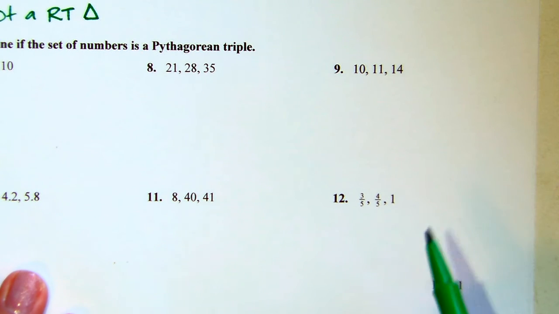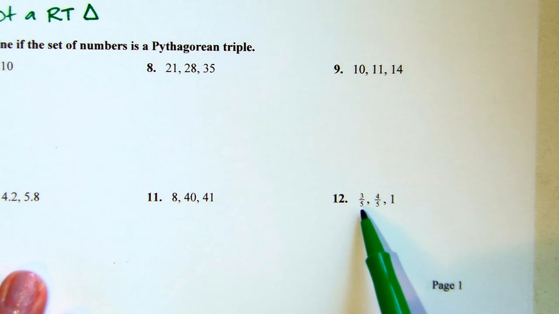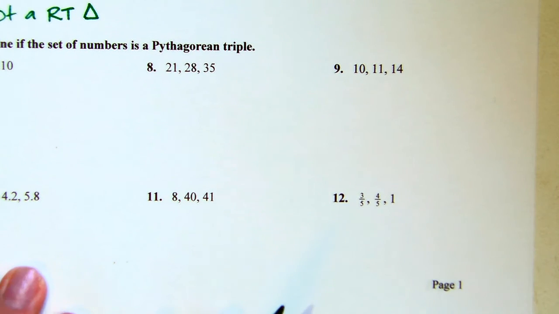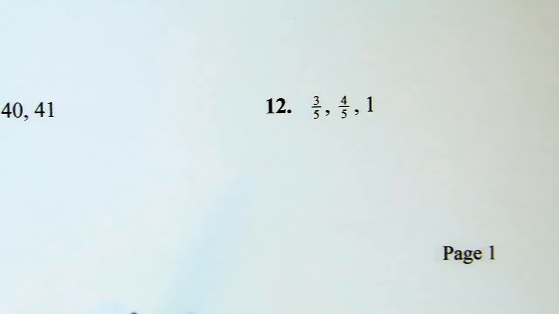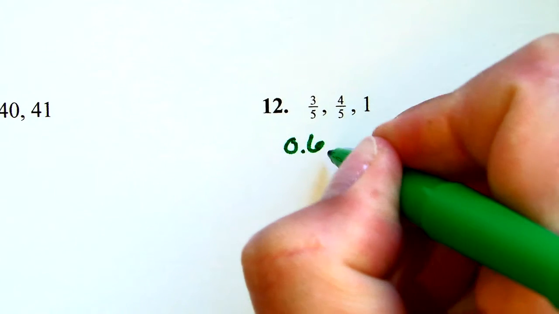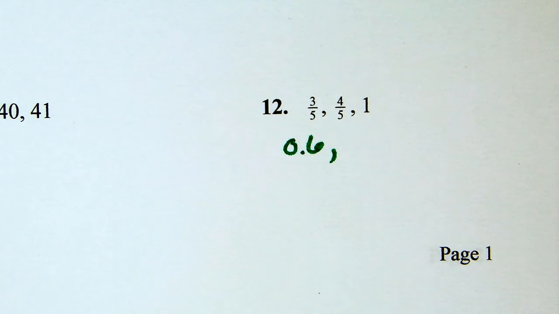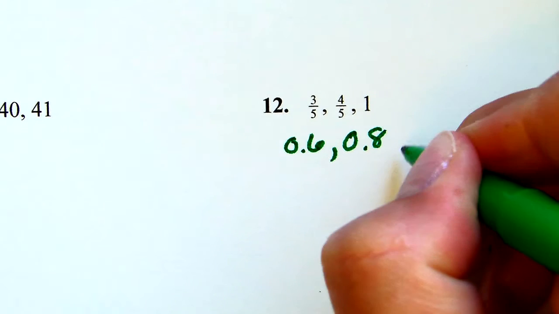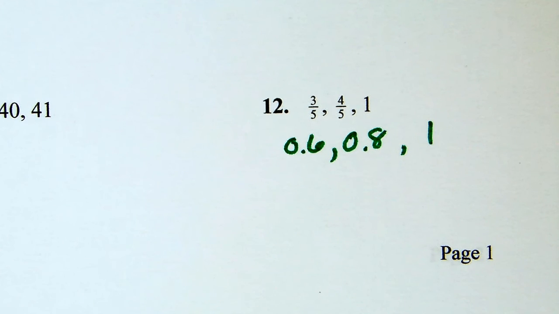So I'm going to turn each one of these into a decimal. Now, 3/5, and I'm going to zoom in here, and focus. All right, so 3/5 as a decimal is 0.6. 4/5 is 0.8, and then 1 is just 1. So I'm going to have to use those decimals instead of the fractions, just because my calculator at home does not have that fractional component.